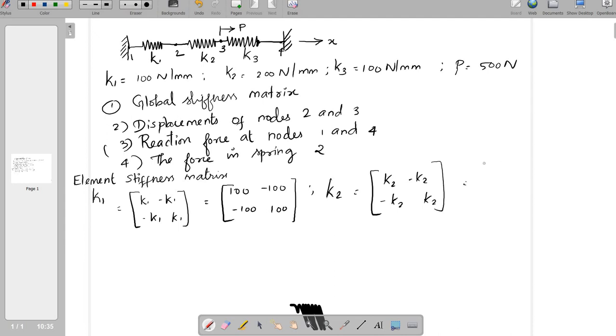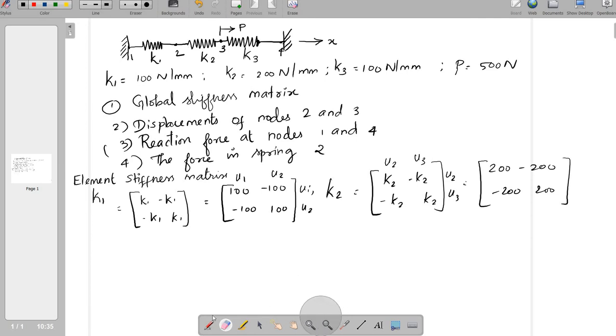So the value of K2 is 200, minus 200, minus 200 and 200. So let us write the connectivity. The element number 1 is connected with U1, U2 displacement. Here K2 is connected with 2 and 3, that is U2, U3.